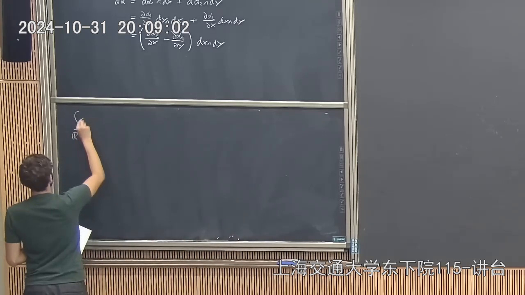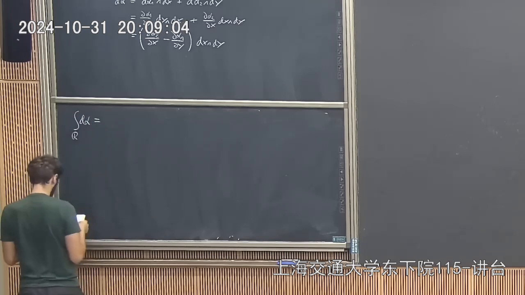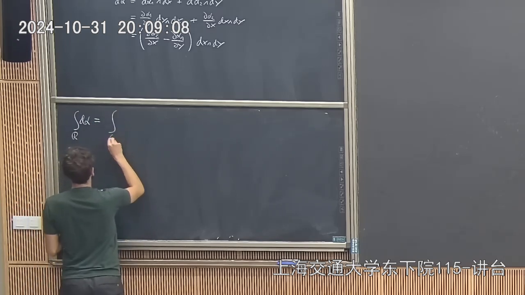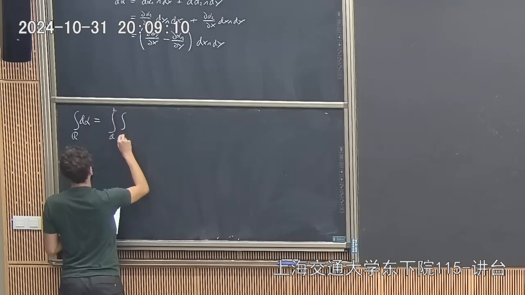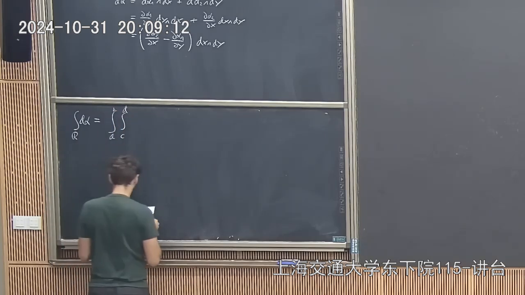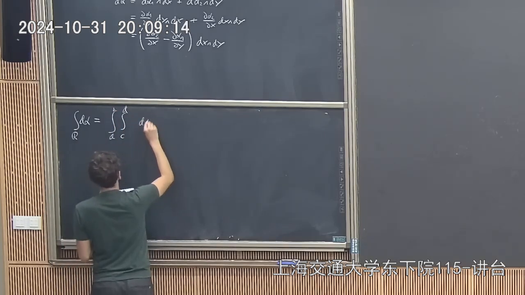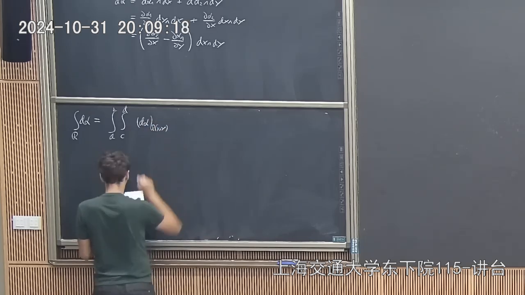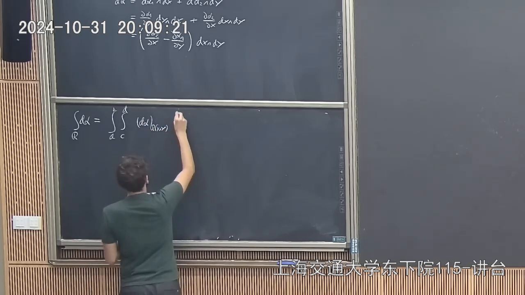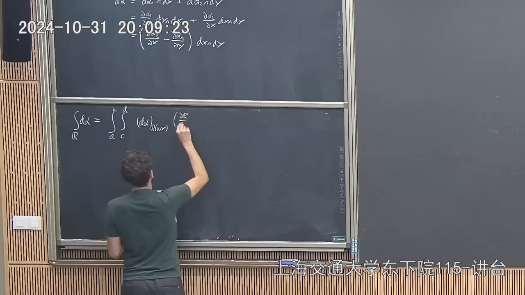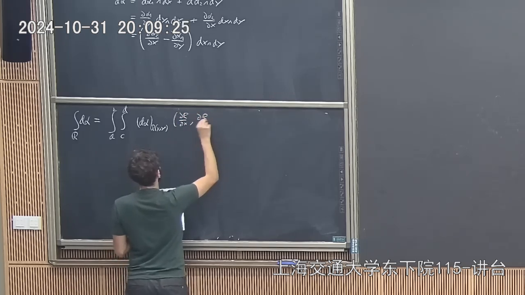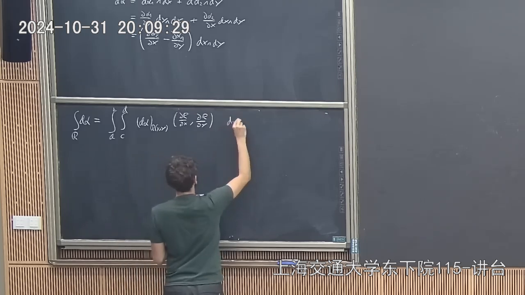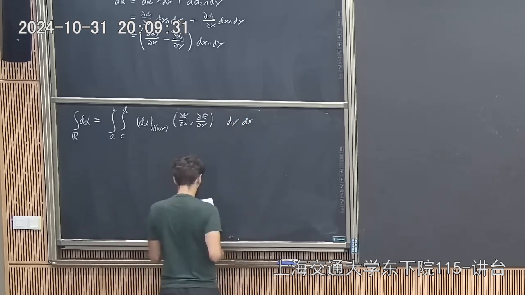We calculate what this term is, and we get the integral over a certain expression, and then we have here d alpha dx and y, and here we have dR dx dy, and then we integrate dy and dx.